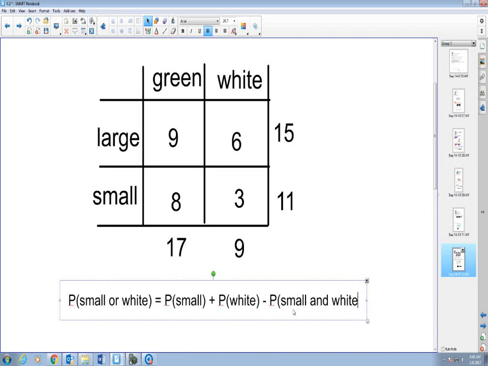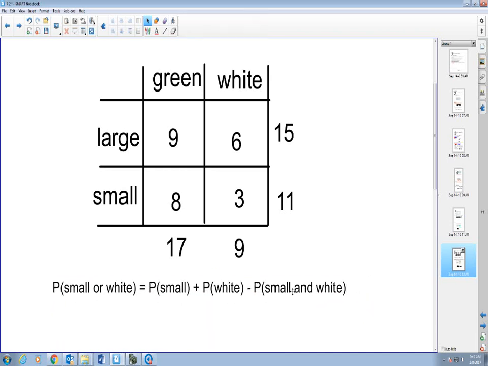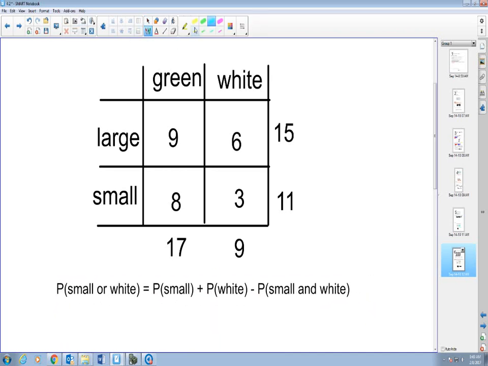That's what the formula says. Let me do some highlighting here. This is small, which is 11. Or it can be white. This is white. So this 3 is in green, so this 3 will end up being counted twice.